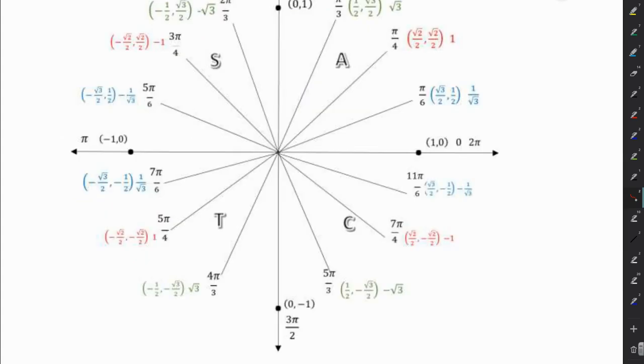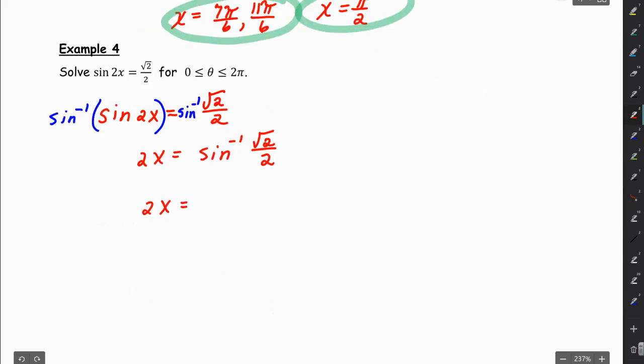And again, the sine can only be positive in the first quadrant and the second quadrant. And the sine is root 2 over 2 at pi over 4. And the sine is root 2 over 2 at 3 pi over 4. So 2x is equal to pi over 4 and 3 pi over 4.